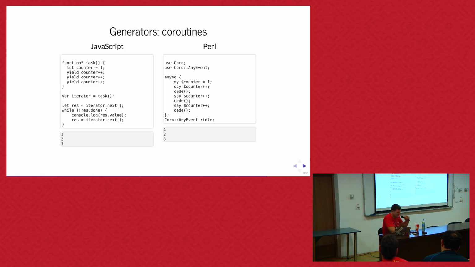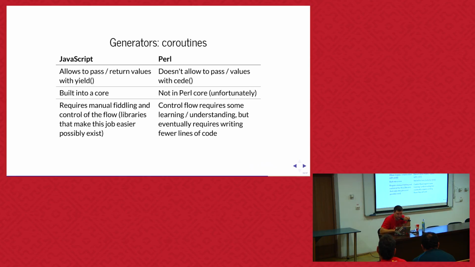Okay, so yeah, if we compare JavaScript coroutines and Perl ones, we can come up with a table like this. JavaScript allows you to pass a value to yield, and yield returns the value when it gets back to a coroutine itself.